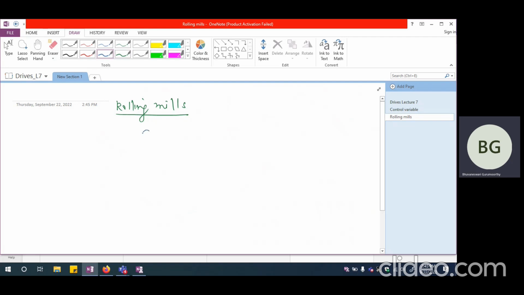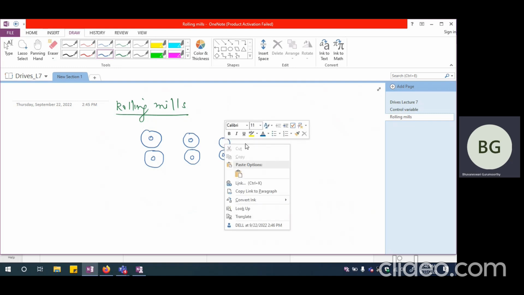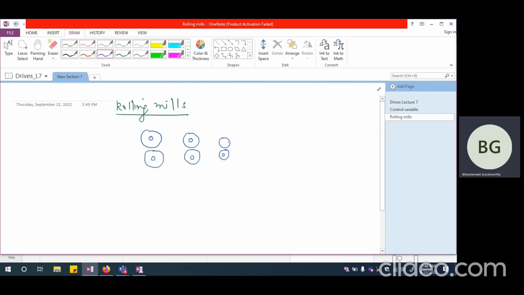So it will have one set of rollers like this, which would be driven by one motor. Then you are going to have another set of rollers right next to that, which will have a lesser gap than the previous one. Again, this will be driven by another motor. And there will be a third roller, which may again be driven by another motor.